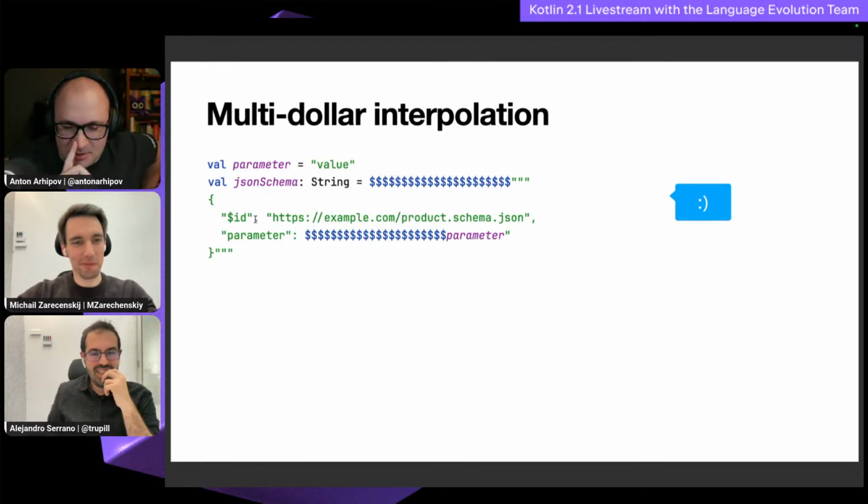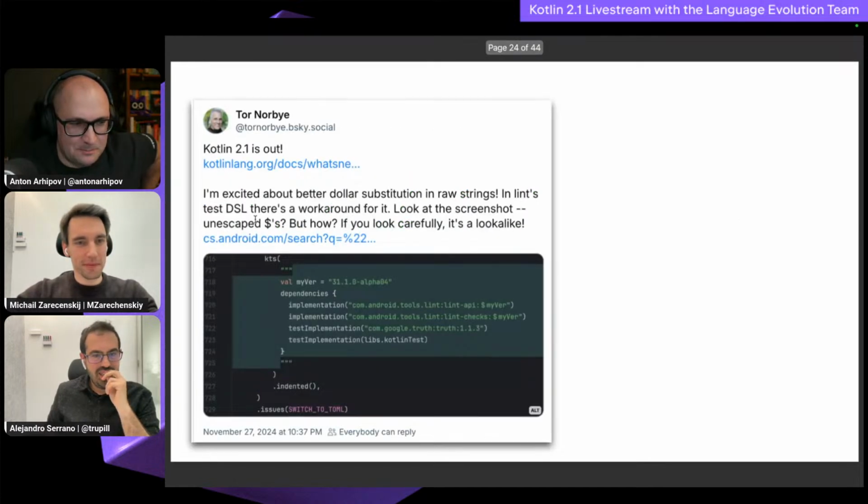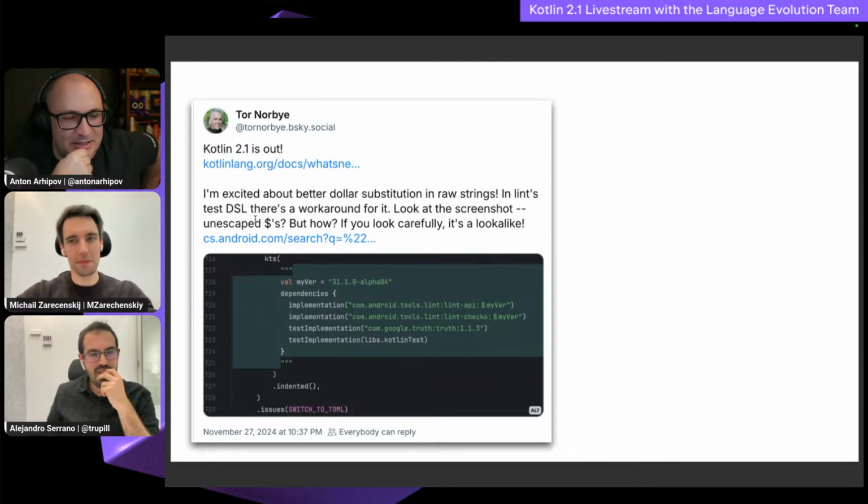But an interesting post that I saw just yesterday after the release announcement was that Tor from the Android team posted that he's very excited about this feature, and this is why. In the post, it's not visible how they actually worked around this before 2.1.